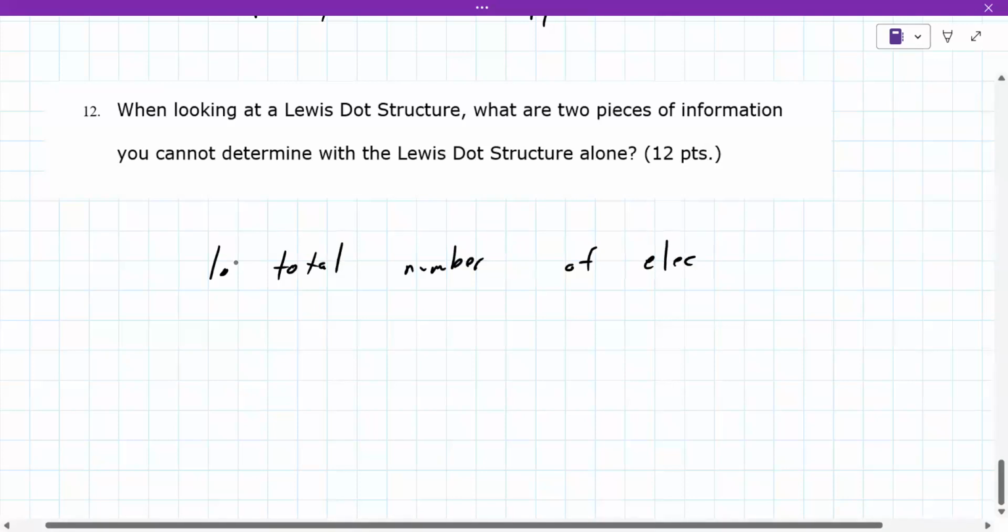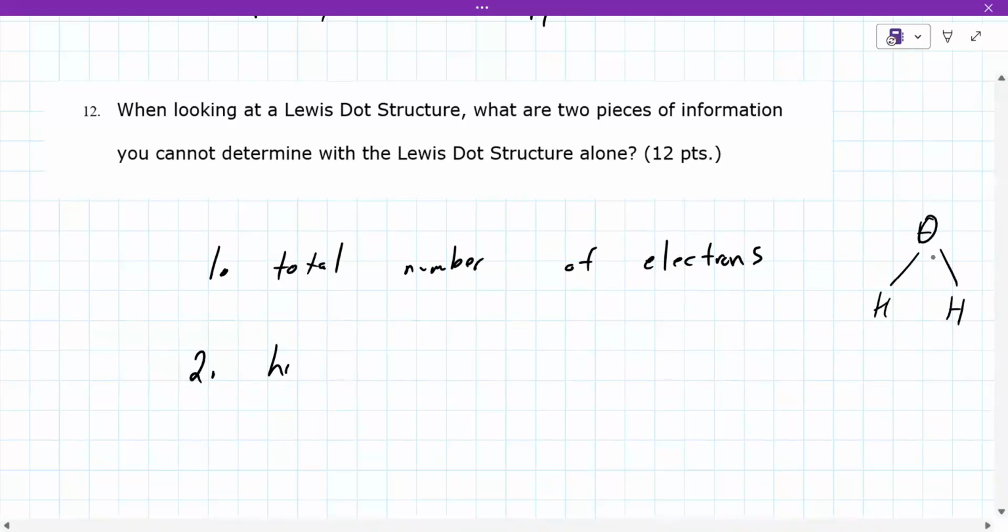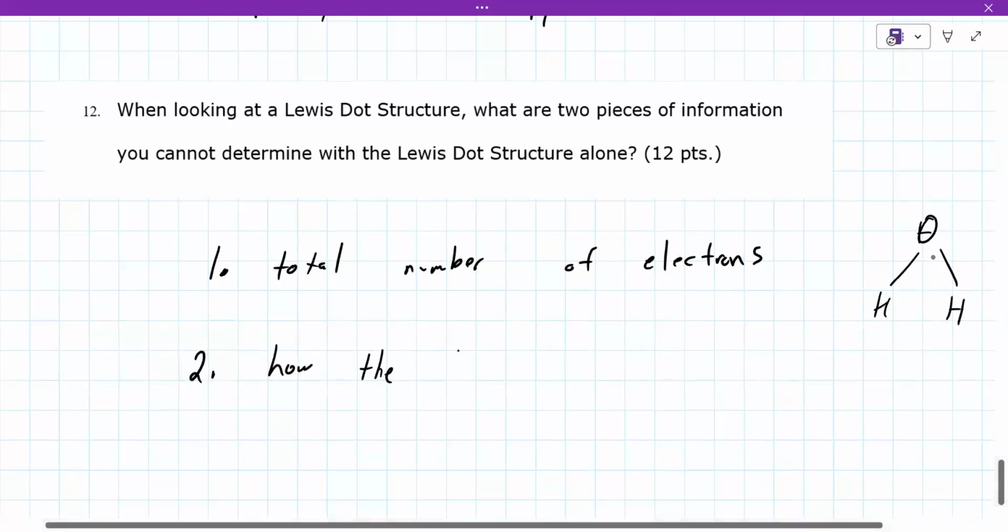For example, we looked at H2O, that's probably the easiest one. We don't know how many total are here. We just know that they share. Got it.